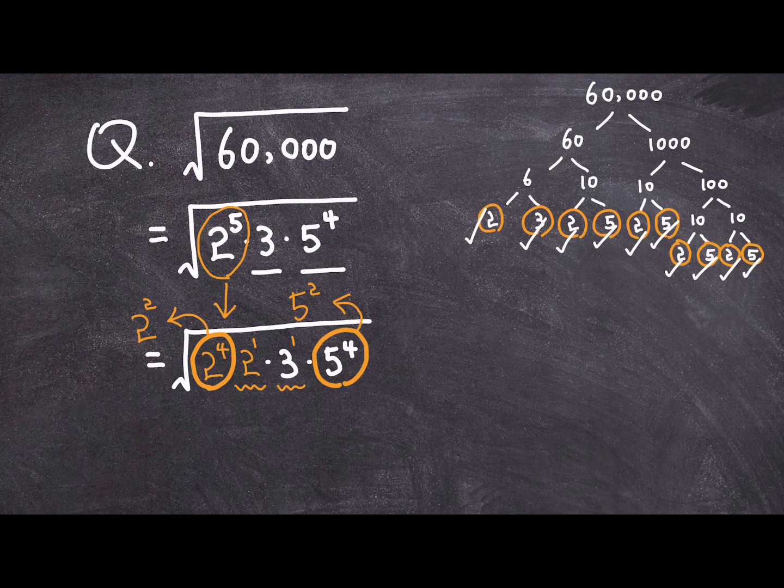Alright, so let's keep going. So these two numbers that escape, I'm going to write in front of the radical sign. 2 to the power of 2 times 5 to the power of 2. And then write the radical and write all the numbers that fail to escape the radical sign. 2 and 3.